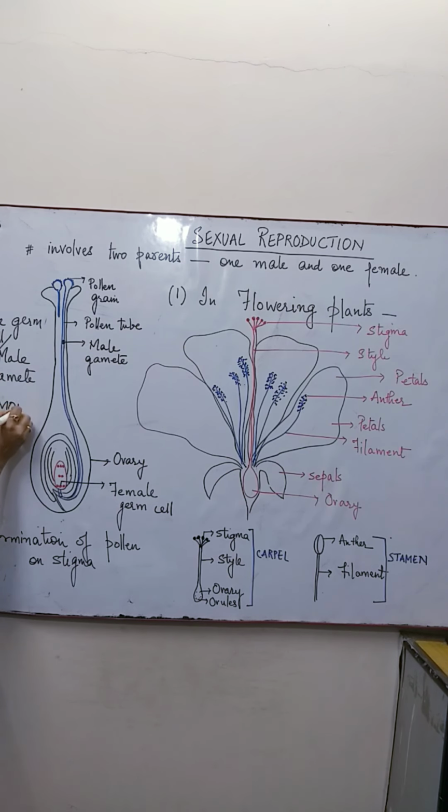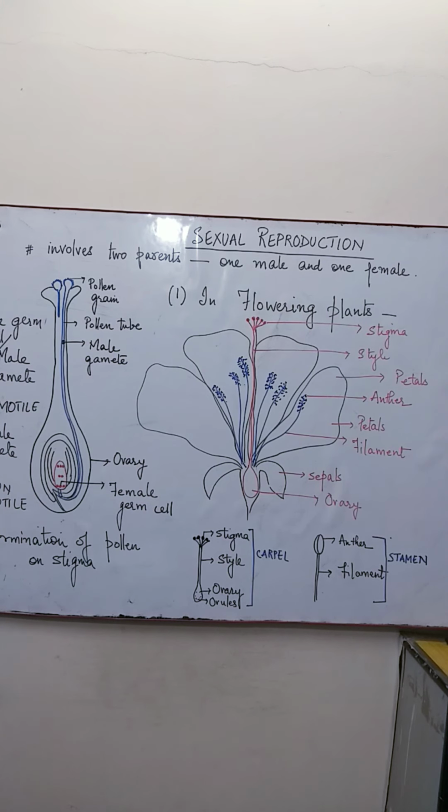Whereas the female germ cell, or the female gamete, is non-motile. It does not move, and it is larger in size. The male gamete is motile and smaller in size, whereas the female gamete is non-motile and large in size.